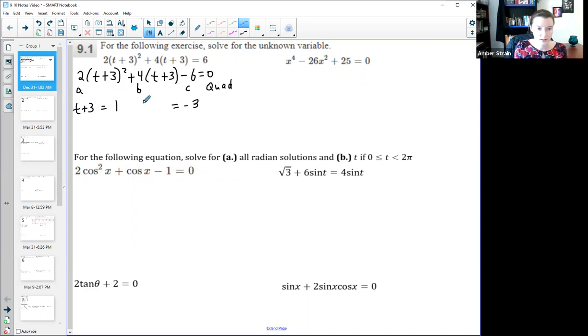So t plus 3 is equal to 1. T plus 3 is equal to -3 because that is the stuff that was being squared. So we have just one last little step to finish this up. Subtract 3, just a tiny bit of algebra to solve it for t. To find that finally the variable itself would be a -2 or a -6.